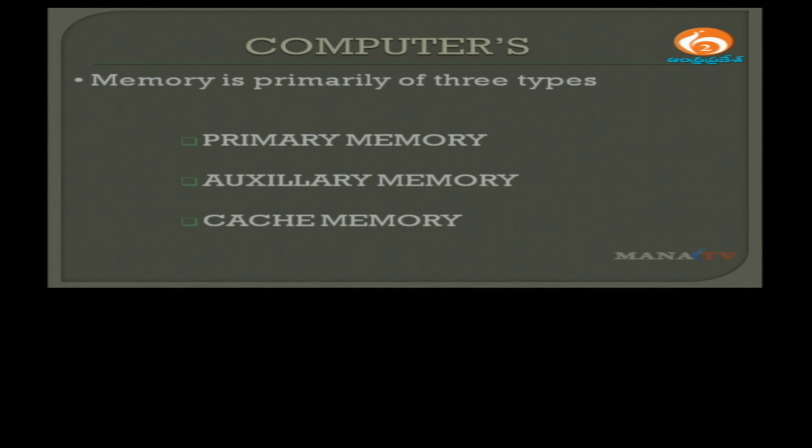So, when I go ahead in explaining the 3 types of memories, the first thing I just want to ask you is how many types of computers are there? You remember that? There are more than 5 types of computers. If you can remember, we have supercomputers, we have digital computers, we have so many kinds of computers.